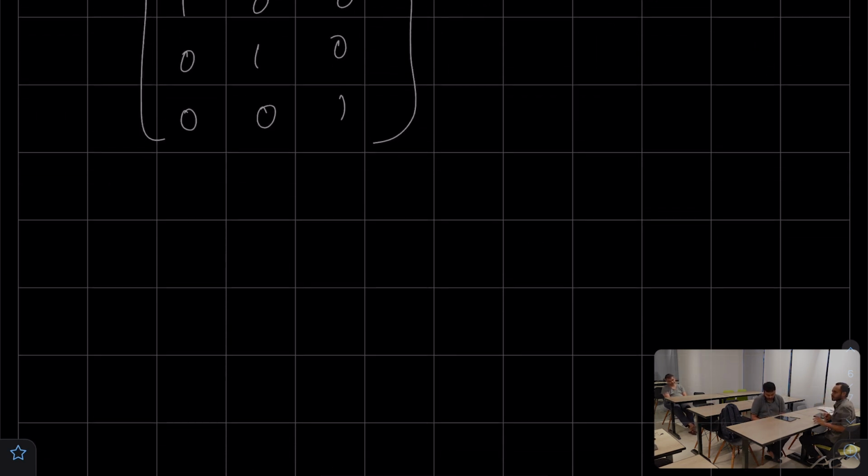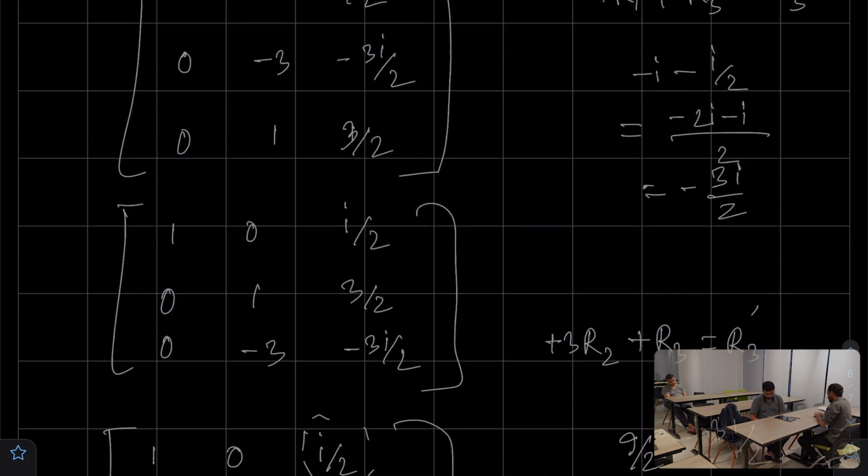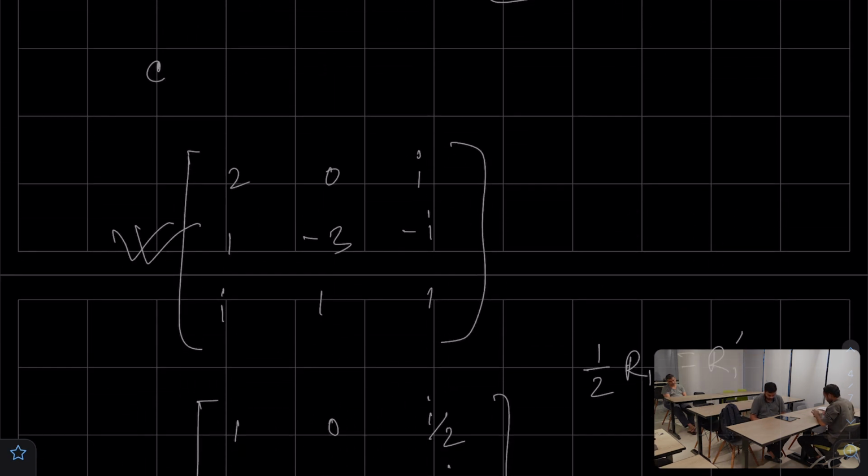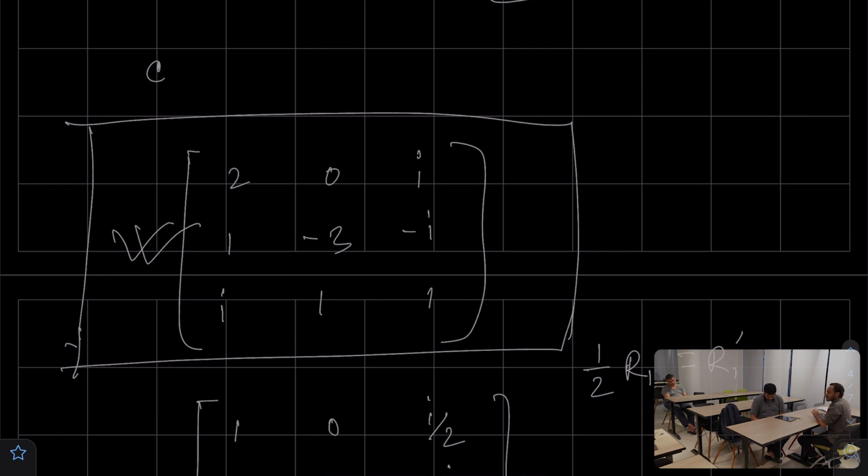So, do you understand what Sir is saying? So what he was saying is, why is this matrix invertible? That's the question.